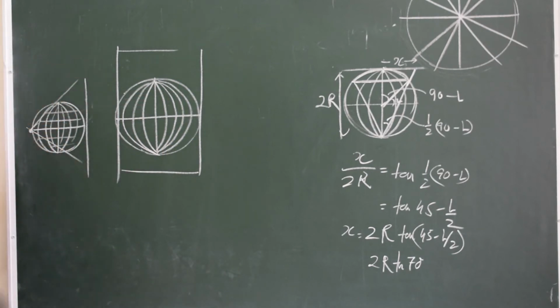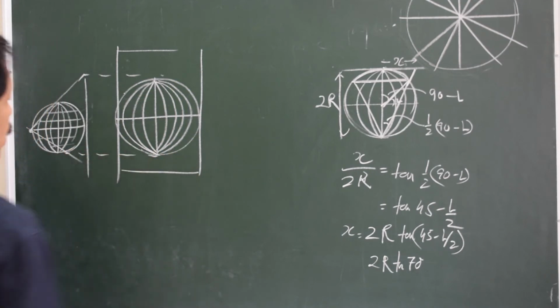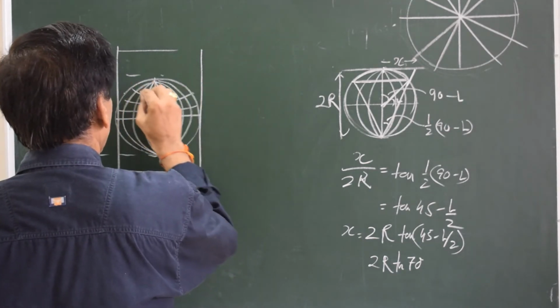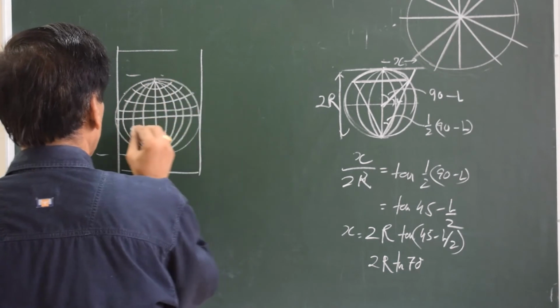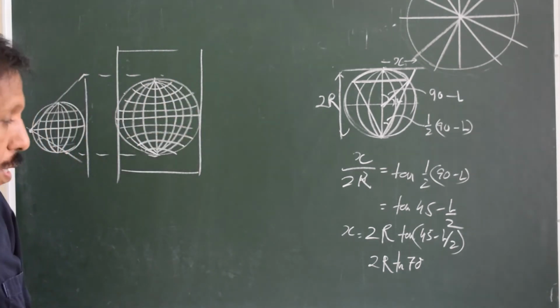Now this point getting projected over here and this point getting projected over here. The meridians and parallels of latitude would follow the curvature. They will maintain an angle of 90 degrees to the meridian, and that's how the projection becomes conformal.